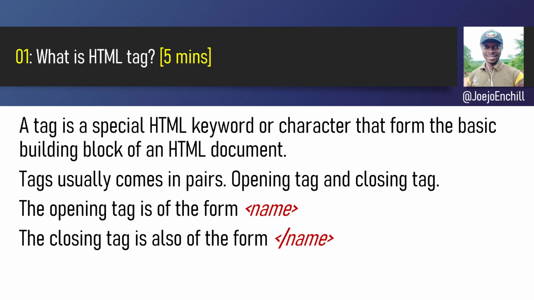The opening tag is of the form left angle, name, and right angle. And the closing tag is of the form left angle, forward slash, name, and right angle. That is what we said about a tag.